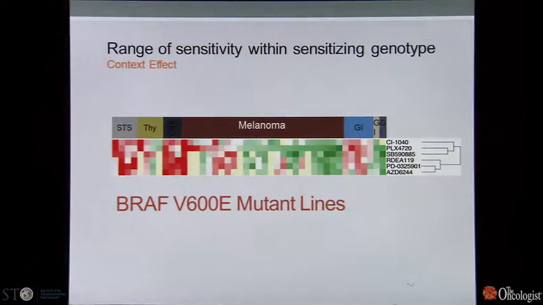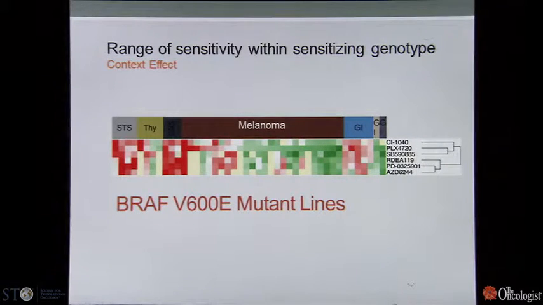This is not even a problem of the type of mutation, because we're looking here only at BRAF V600E mutant lines. So clearly, we don't understand what's going on here very well, because we have the best selection we can. Some of these inhibitors are even somewhat better, although marginally, at targeting the mutant than the wild type.